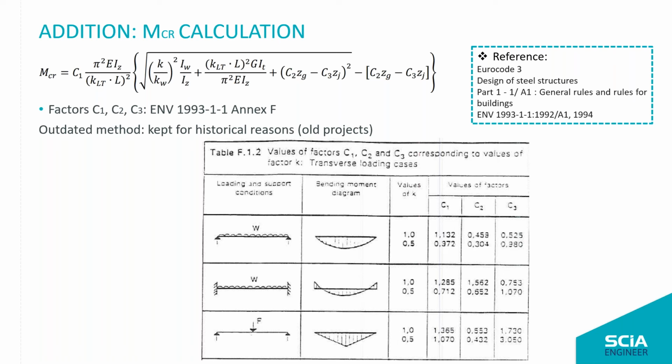However, if you have an old project that was calculated still with these rules, it would maybe be impossible to still recalculate it and make it work in current times. So for those old projects, we keep this method alive for you to be able to get back to it if necessary. And again, we get some very simplified tables for simplified bending moment diagrams, giving us some values for C1, C2, C3.